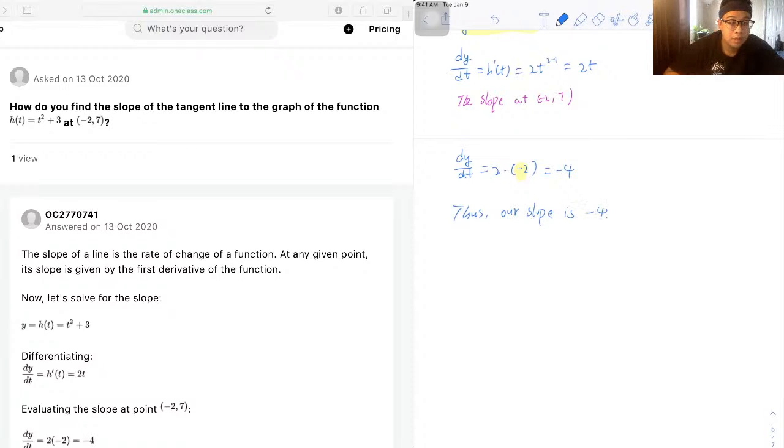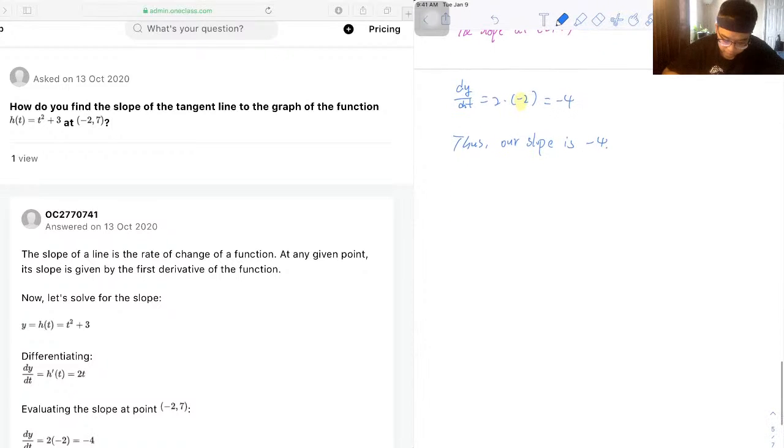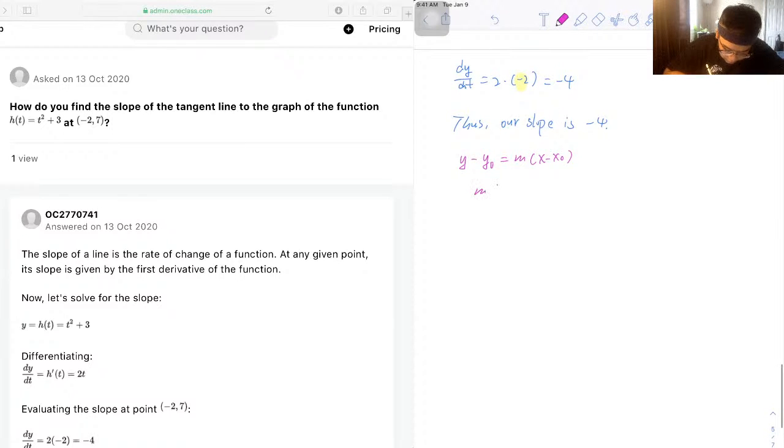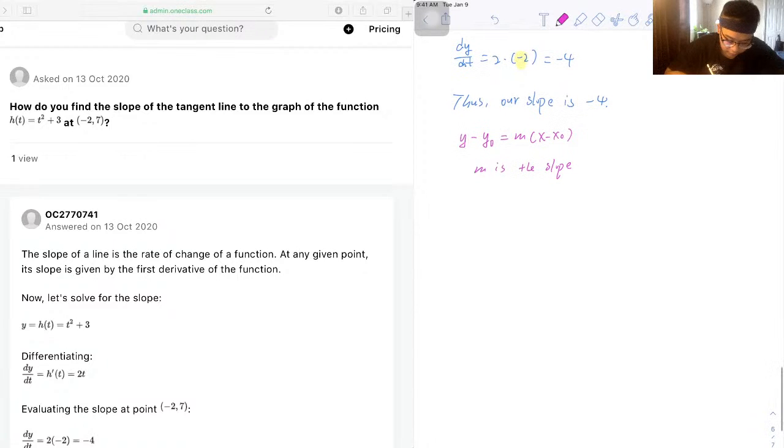And we can get the equation of the tangent line by using the point-slope form, which is given by y minus y0 is equal to m times x minus x0, where m is the slope. Okay, now let's substitute the numbers.